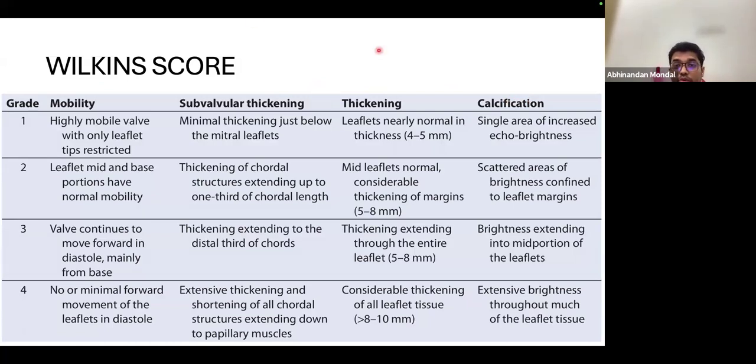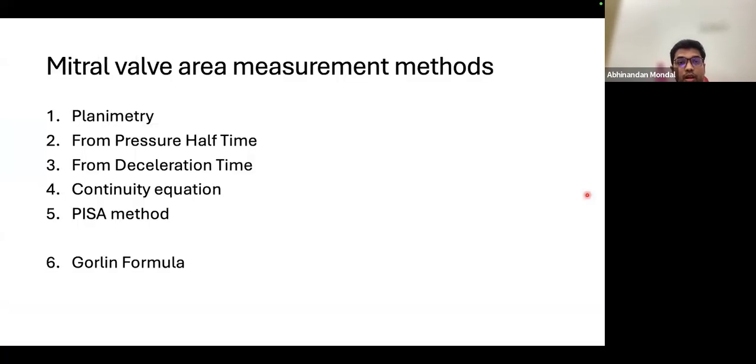If it is more than 12, it is better to go for a mitral valve replacement rather than BMV. And 8 to 12 is the gray zone, where the decision has to be taken on an individualized basis, whether the patient is to be taken for BMV or mitral valve replacement.